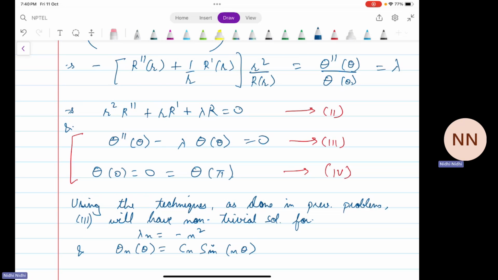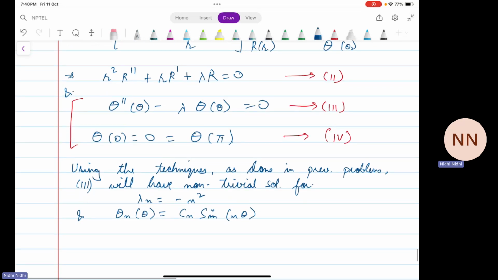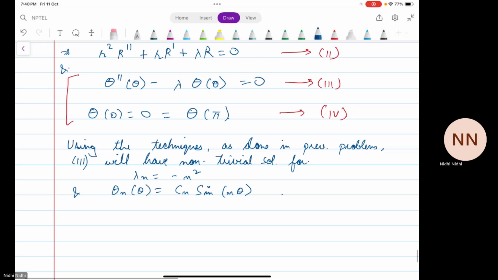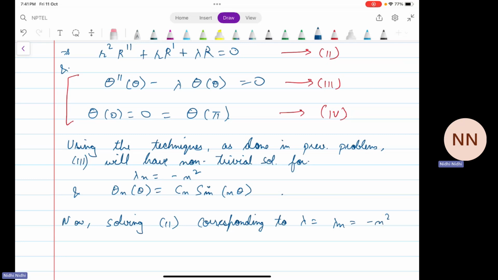So I hope you can do that yourself. So now corresponding to this lambda n, we will solve equation second. Now solving equation 2 corresponding to lambda equals lambda n, which is minus n squared.